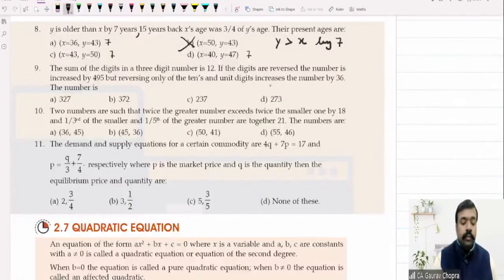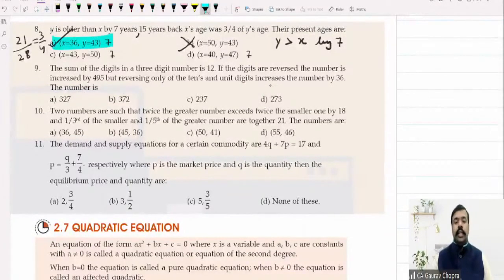So 36 minus 15 becomes 21, and 43 minus 15 becomes 28. Now, is the fraction 3/4? Yes, it is 3/4. Hence, option A is satisfying both the conditions. So A is the correct answer.